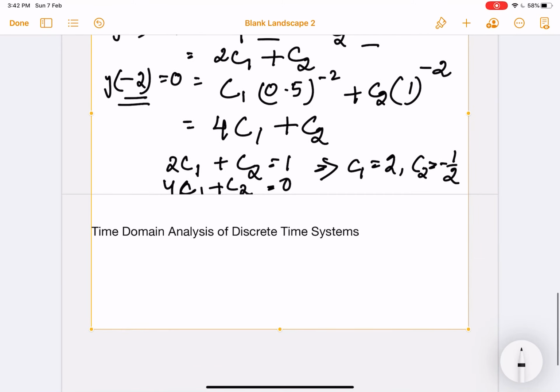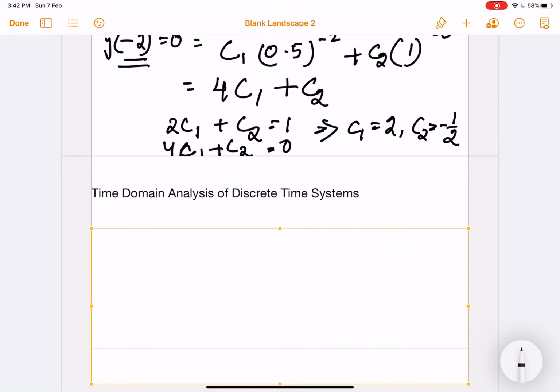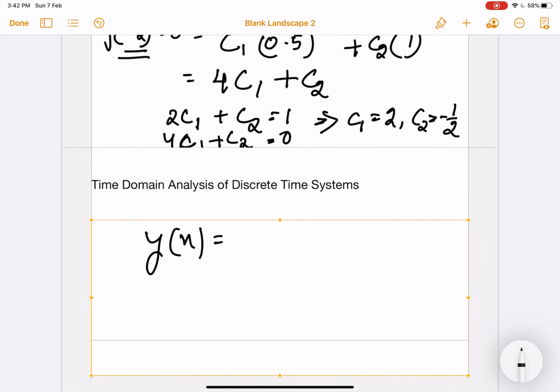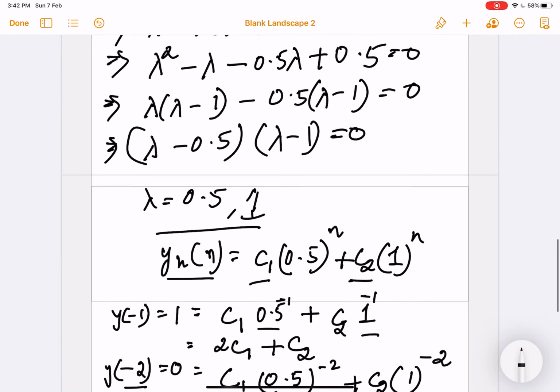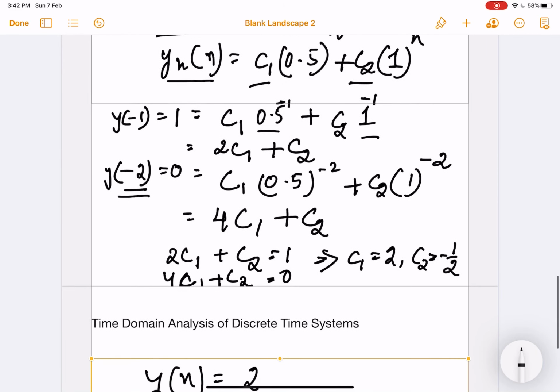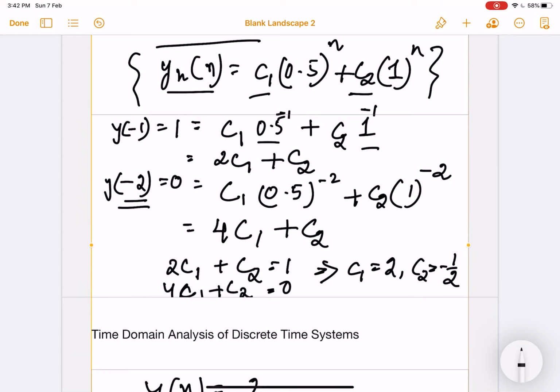So our final answer will be y of n is equal to 2 into 0.5 to the power n, minus half into 1 to the power n. We place the C1 and C2 values in our equation, where lambda was 0.5 and 1.